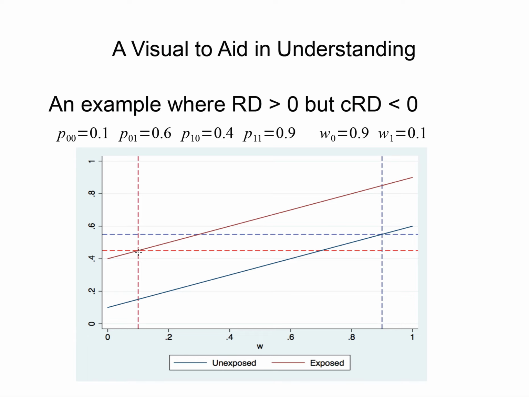In other words, if we had this circumstance where there was this difference in weights, the crude risk difference would be negative, even though the assumed common risk difference is positive. And this we would see very clearly as a circumstance where there's confounding.